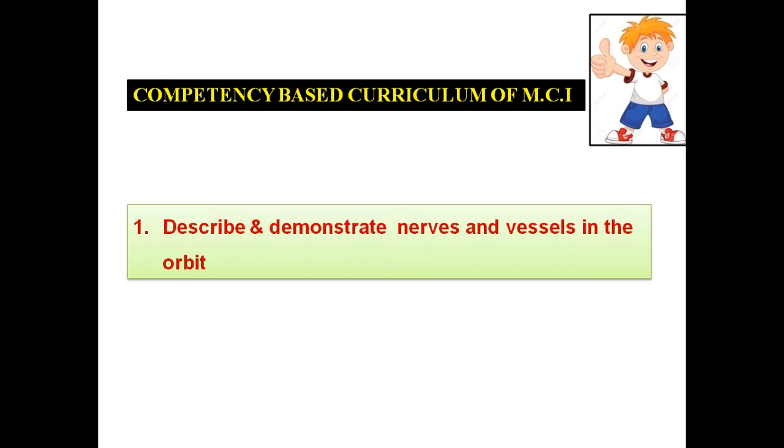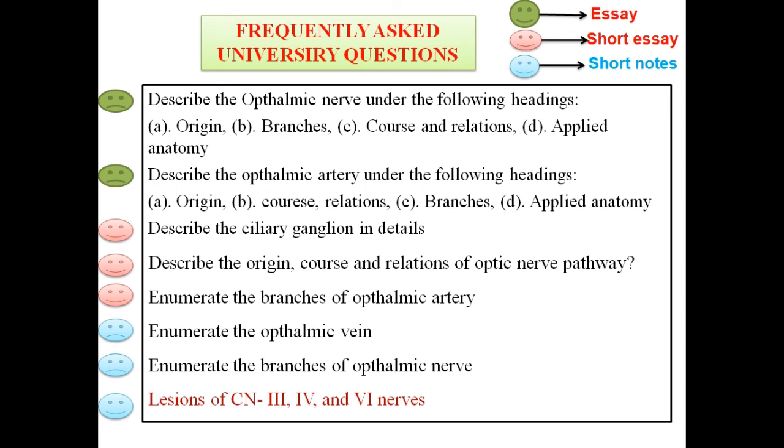These are from the competency based curriculum of MCI. Read the question carefully. And these are the common questions of the medical university. Ophthalmic nerve and ophthalmic artery are both asked as essay questions. And the optic nerve, either as a short essay or essay question.